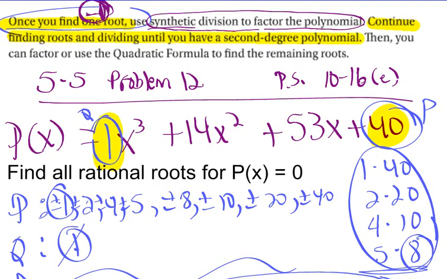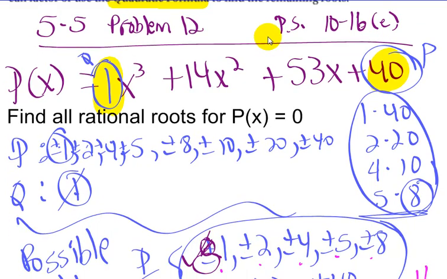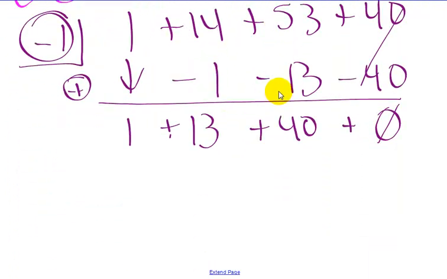Then, when you get a second degree polynomial, you just factor that using the factoring things that we've learned or your quadratic formula to find your last roots. So let's see, do we have a second degree polynomial here? It sure looks like it. So that would be our remainder. That's our constant. This is our x, and that's our x squared. So yes, we have a quadratic.